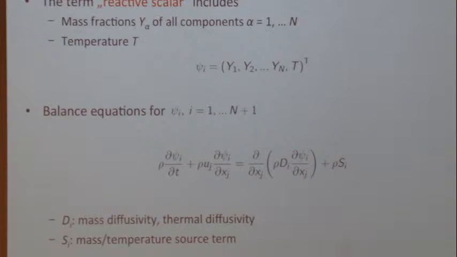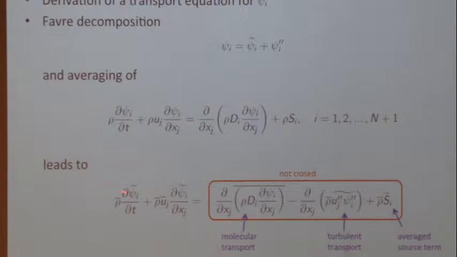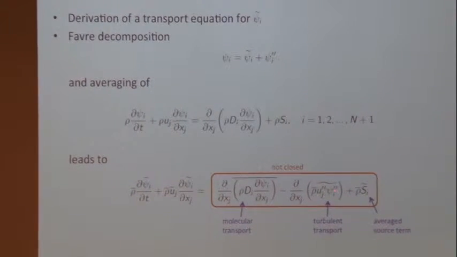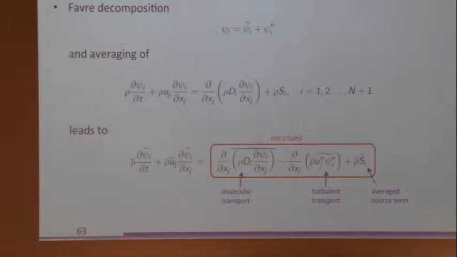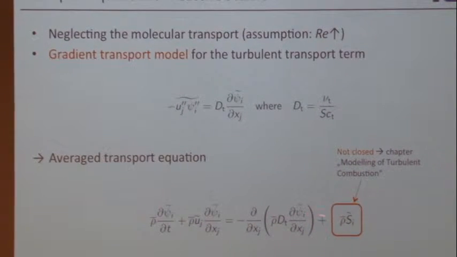I have this equation with a source term, I introduce the Favre decomposition, take the average, and I get the same equation as before, just with the extra chemical source term. And I can make the same modeling assumptions.